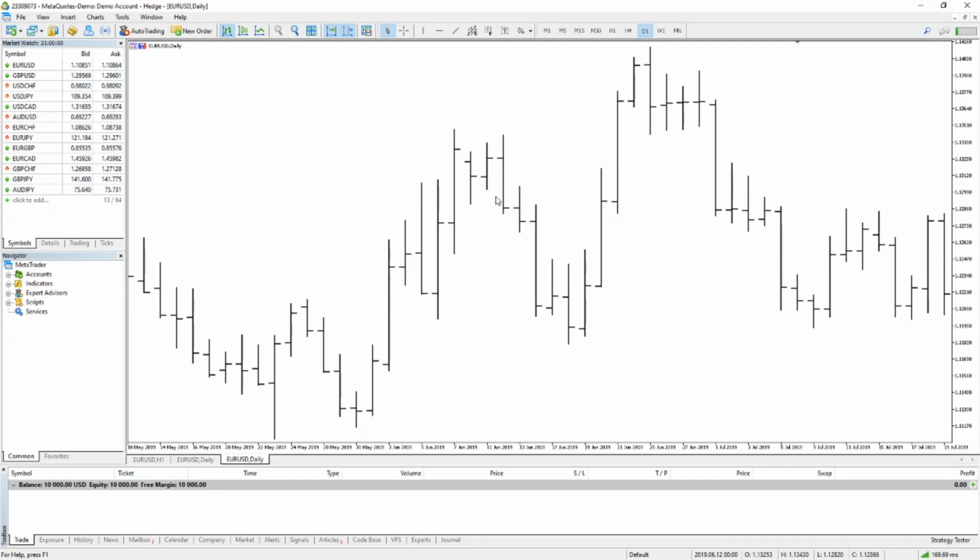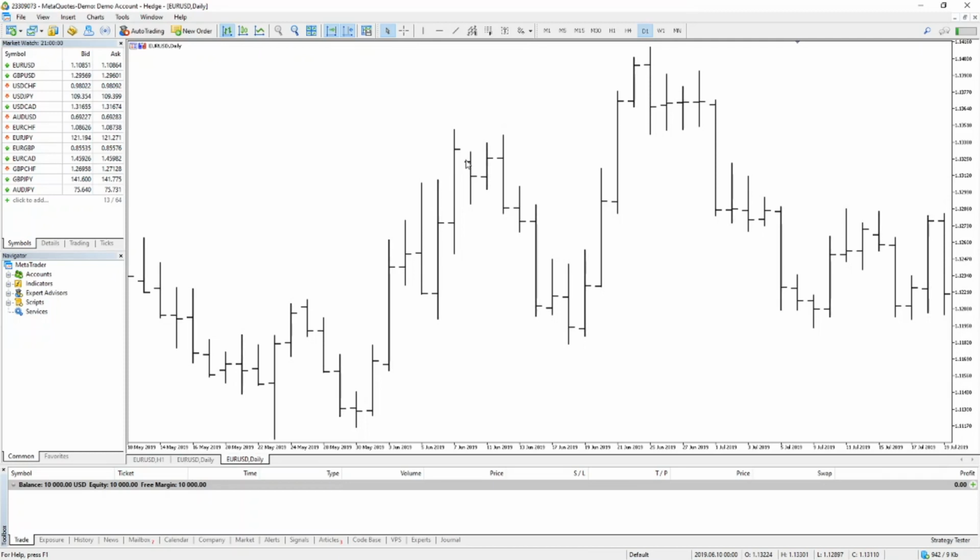So mostly you see the closing of one candle is the opening of the next candle, but in very few cases you see like this one, that closing was high and opening was low, so there is a gap there. That gap is basically on the weekend. The broker platform stops at like 5 p.m., just for example, different brokers have different timing.